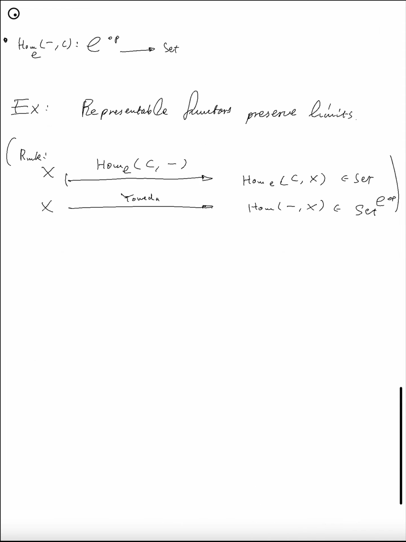Okay, so let's prove this. Proof. Start with, let's say in the category C, suppose you have A_i, A_j, you have a diagram, right?